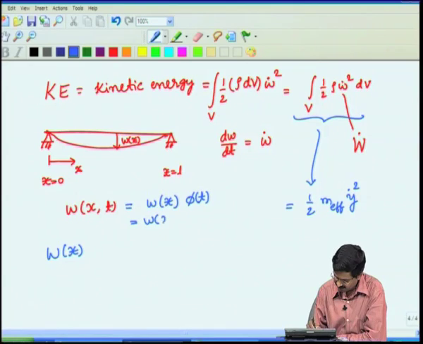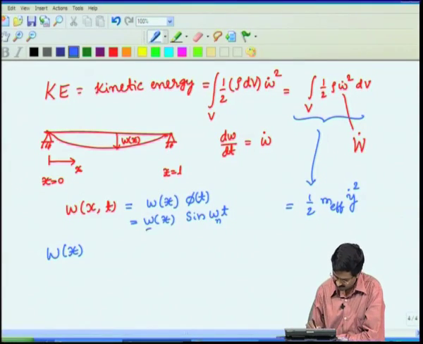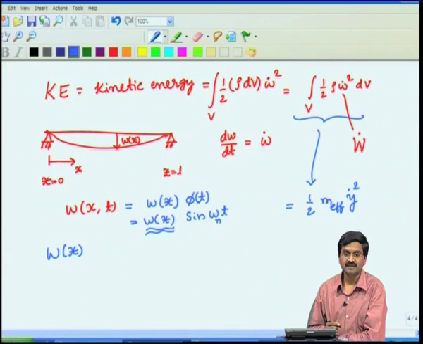What depends on time usually will be, in the case of vibrations, a simple harmonic motion, sin omega t. Omega can be anything, omega n, or any other frequency. So, we only look at the x dependence, because that is what we need here in order to integrate.